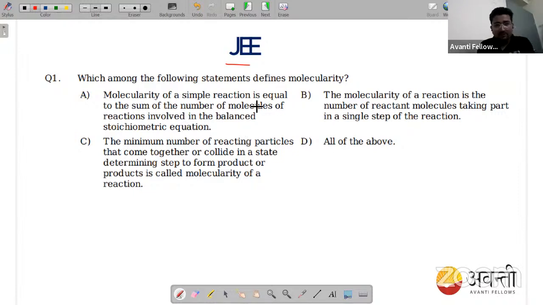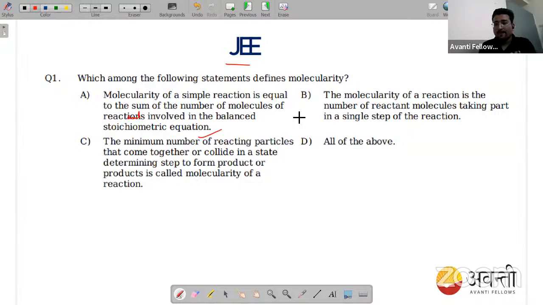It is not reactions, it is reactants basically, so you can correct it. So I think this statement is correct. Molecularity is the sum of the number of molecules of reactants involved in a balanced stoichiometric reaction. So I think this option is correct.